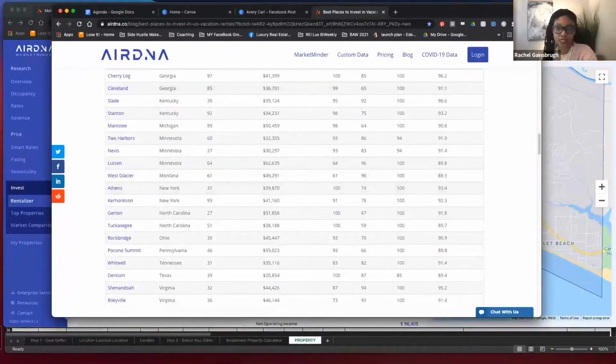Yeah, I don't see Jacksonville. But definitely look into it, and we can go over how I use Airbnb to look into my surrounding area to see what my competitors are doing, just to get an idea of the feasibility.